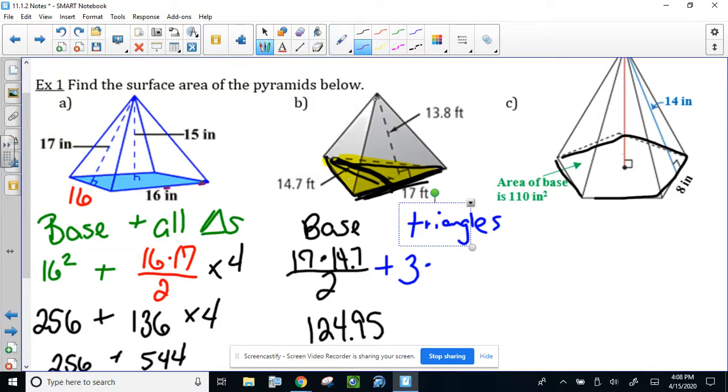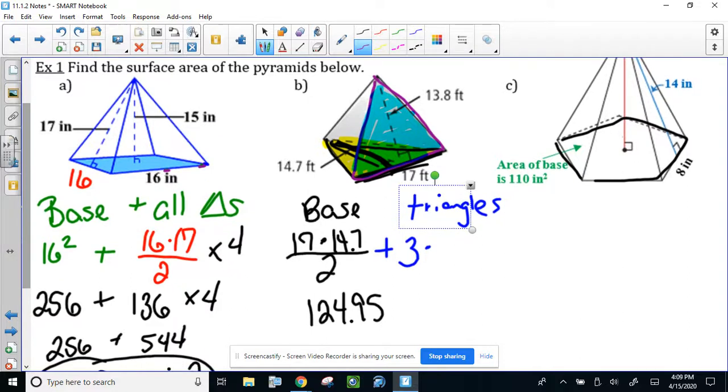So this front face triangle is the same as the other ones. We need to calculate the area of the triangle. Its base is still 17, and its height is 13.8, and we divide that by 2. So there's our triangles.